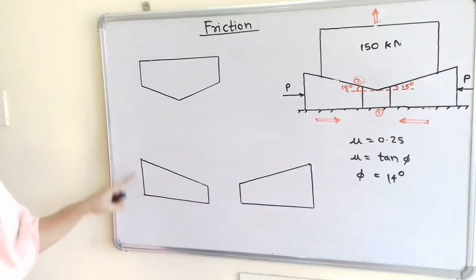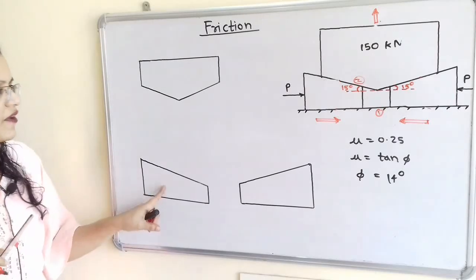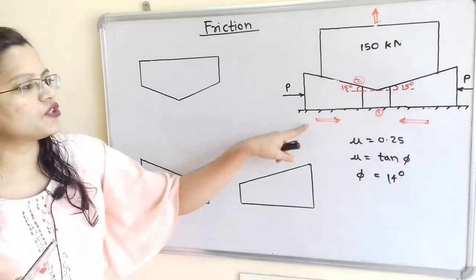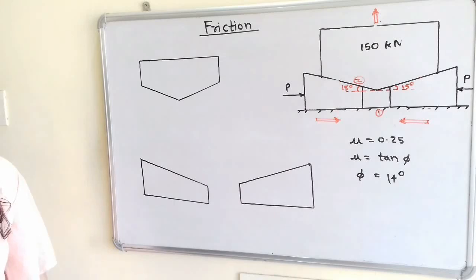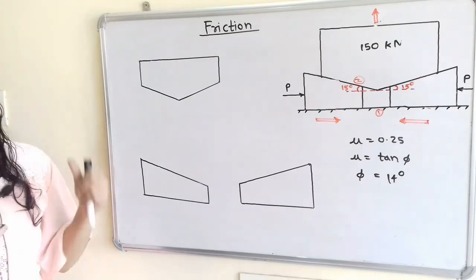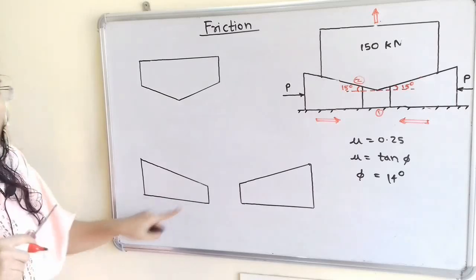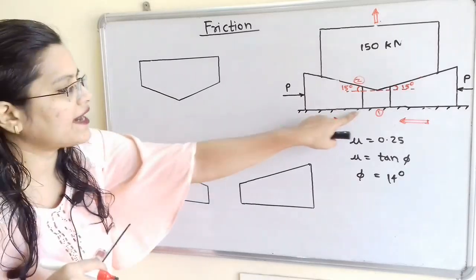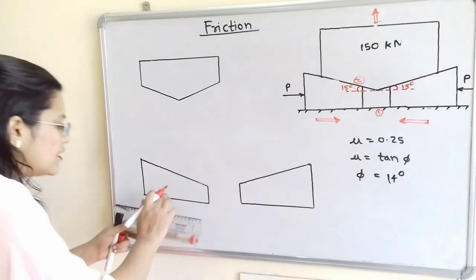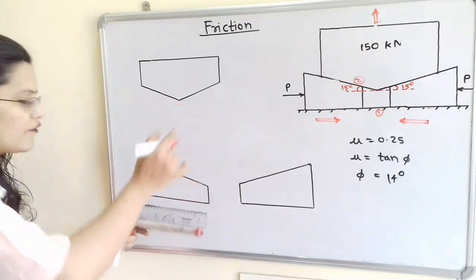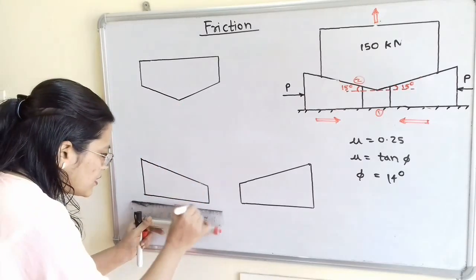Now we will consider the first wedge. For this first wedge, if we observe, the motion is towards the right hand side, so the frictional force will act in the opposite direction. So we will consider this lower surface. The frictional force will act in the opposite direction, parallel to the surface of contact, that is in the horizontal direction.